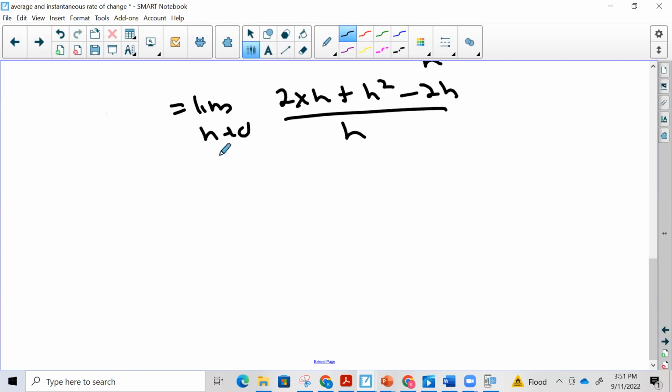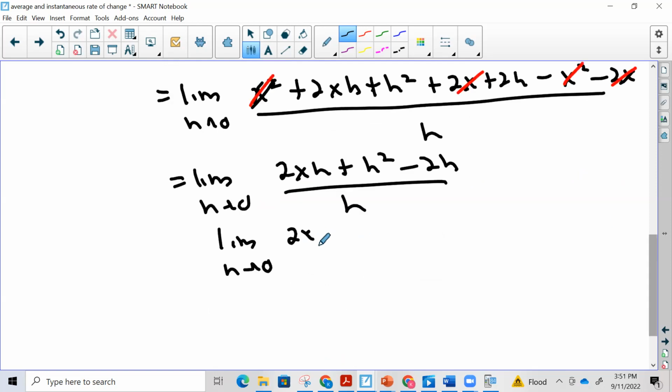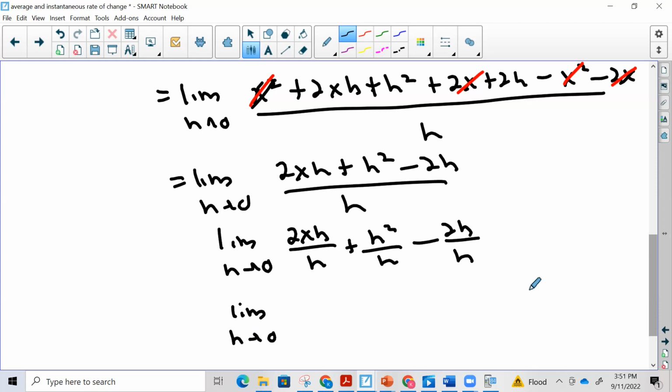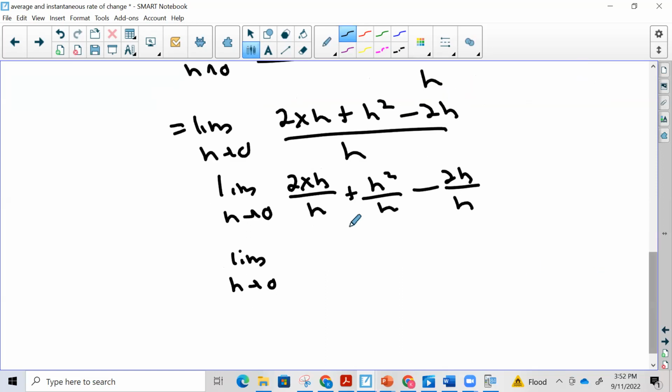And then when we take this limit as h approaches 0, we can divide each term by that h. Okay, and remember, each time I'm doing this, I have to write the limit until I actually take the limit, which is when I can plug in 0 for h, which I can't do anytime that the h is in the denominator, because that gives me 0 in the denominator.